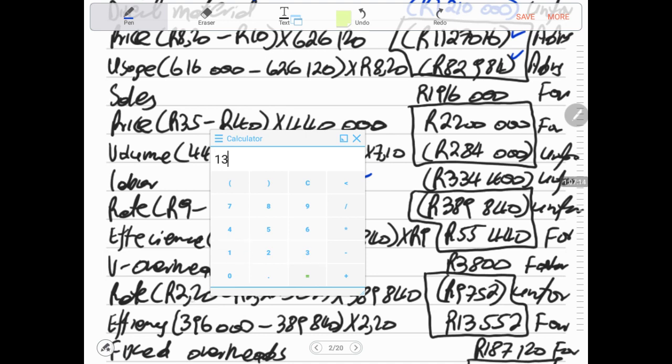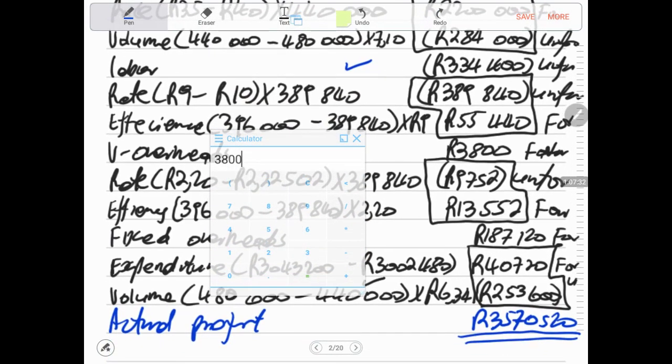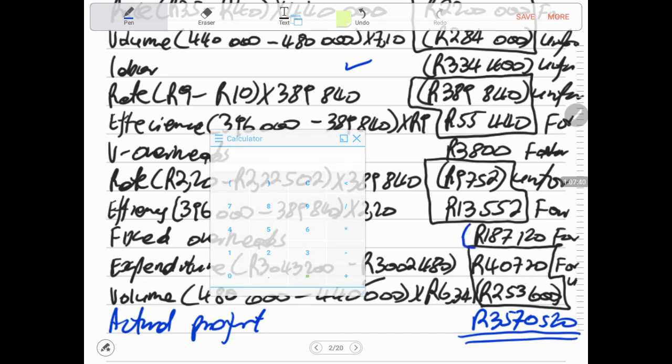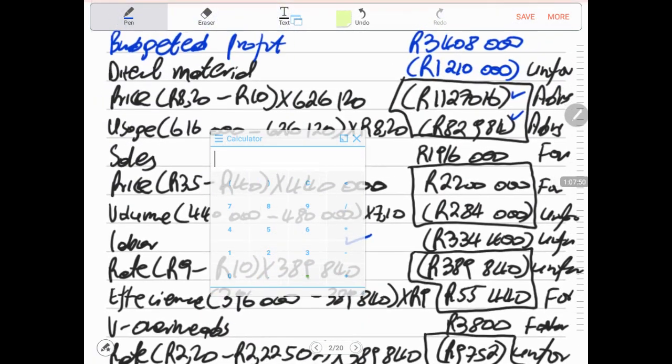Then we have 13,552, which is favorable, minus 9,752. The net becomes 3,800 favorable variance. And the last one is 40,000, that is favorable. So this one should be unfavorable. Yes, the last one should be unfavorable, because the 253,600 is unfavorable, so the net should be unfavorable.